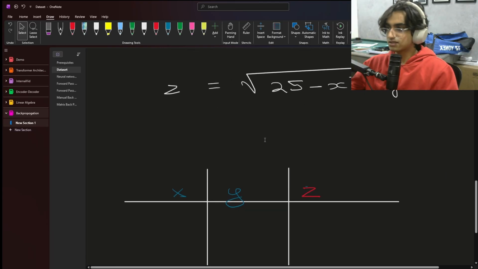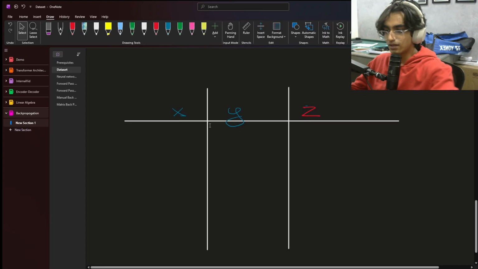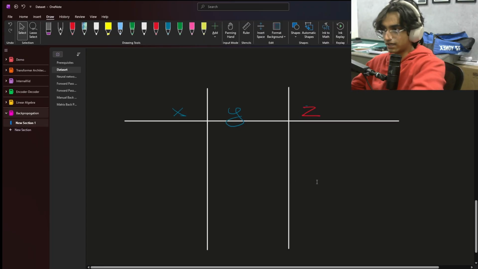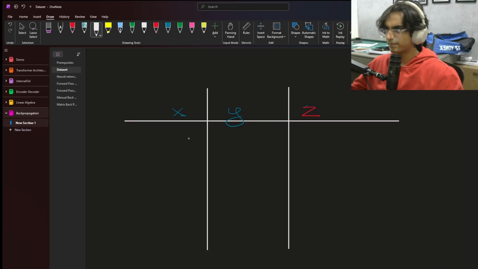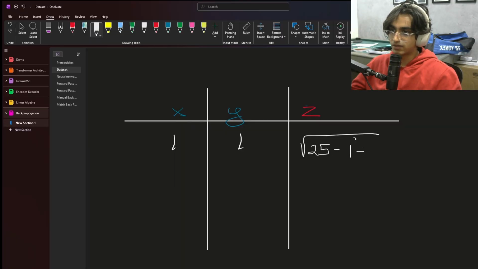So this is going to be our data set. We're going to have x, y, and z. Suppose we take x as 1. This is our construction of the data set, by the way. If we take x as 1 and y as 1, that means our z, which we will compute, is going to be the square root of 25 minus 1 squared minus 1 squared.